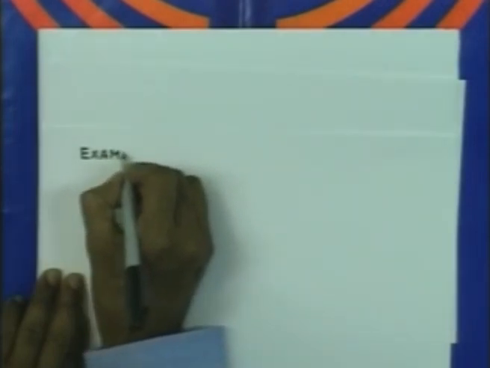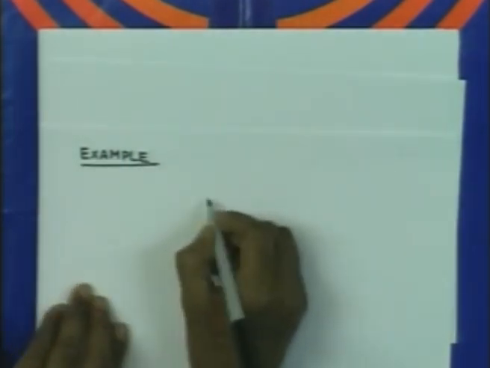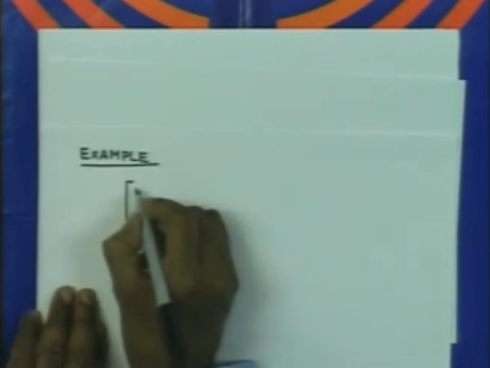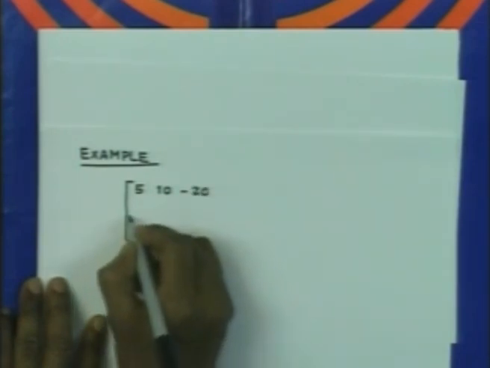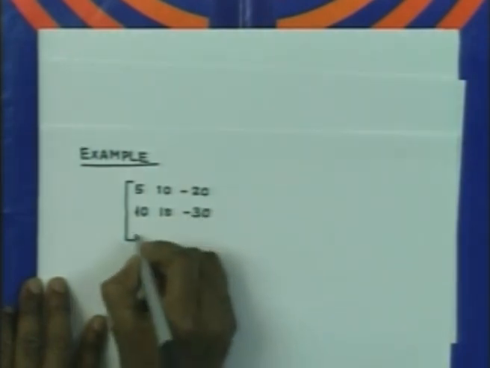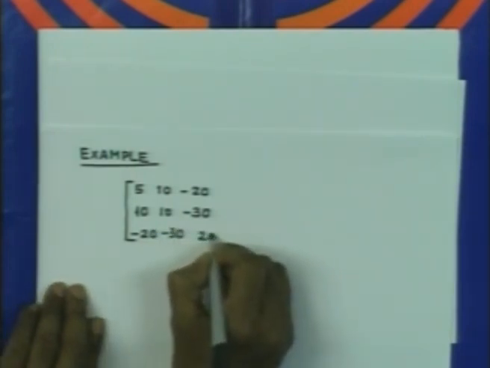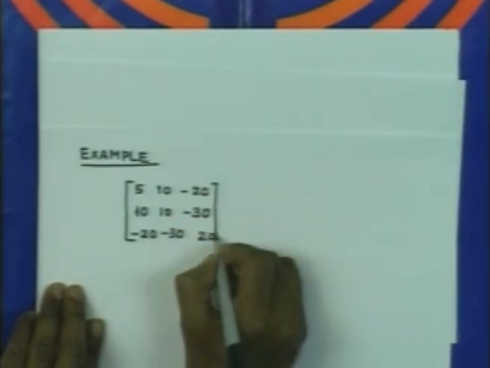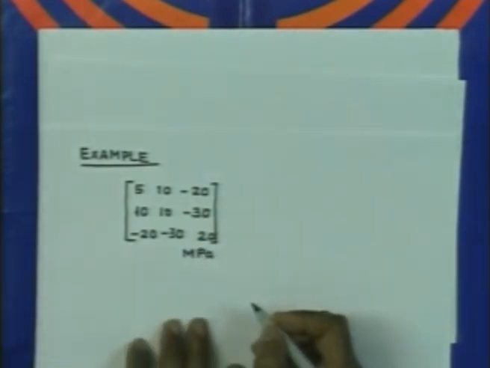Let us consider one example, say the stress tensor at a point is given by this, so these are the stresses at a point, and this is given in units of megapascal.